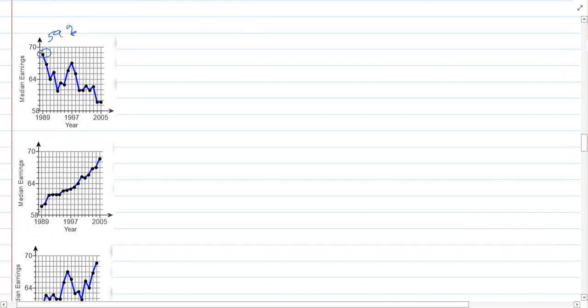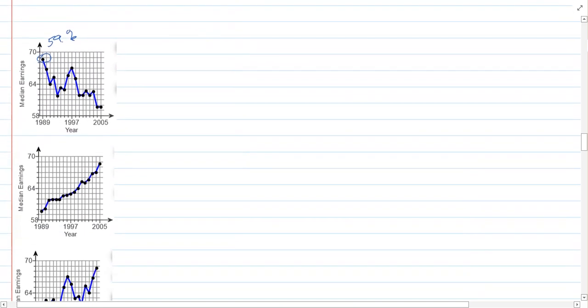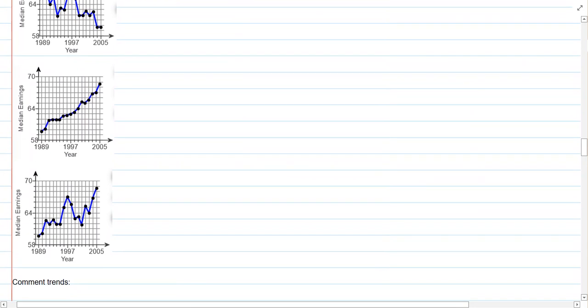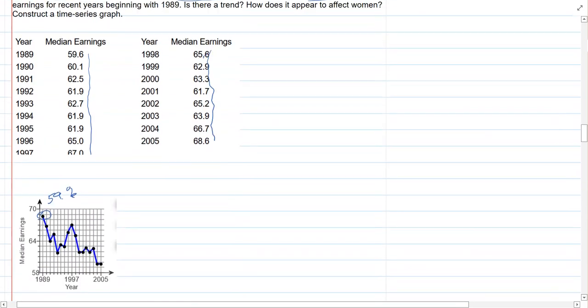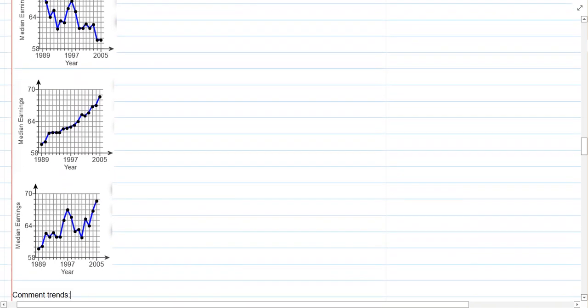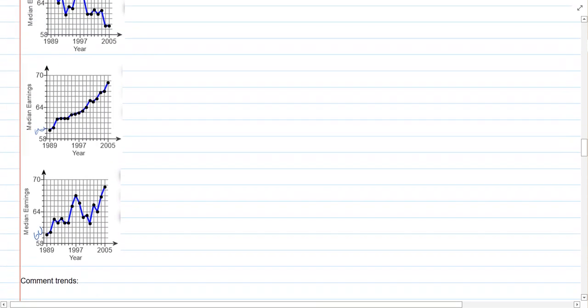Well, this one could be 59 and some because the data said it was 59 and 6/10. It's almost 60%. So we can see that this is 59 and this is 60. So this one could be it. What about this one? This one starts at 59. This one could possibly be it as well. So it's between these two.